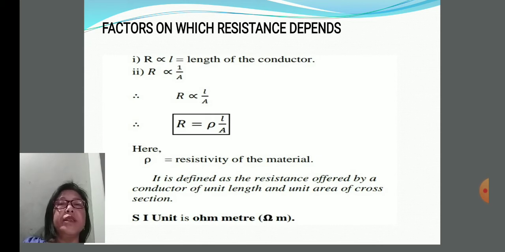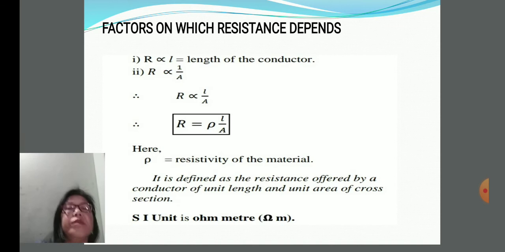Combining these two factors, resistance is proportional to length divided by cross-sectional area, or resistance is equal to rho L by A, where rho is the resistivity of the material. In class 10, we also defined resistivity and its SI unit. Once again, I am defining it here.